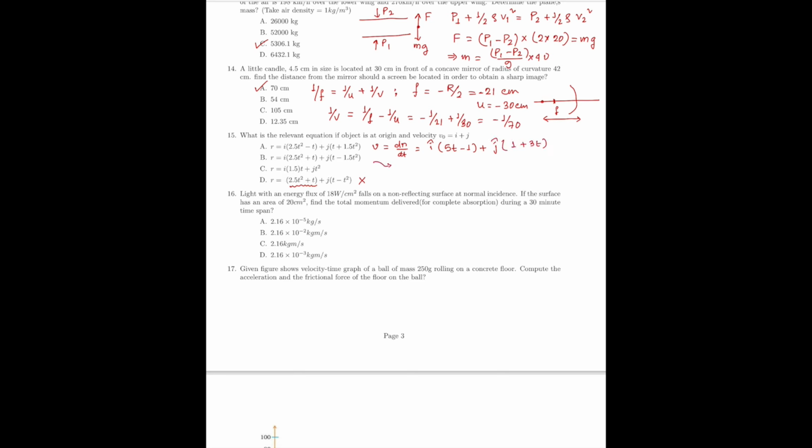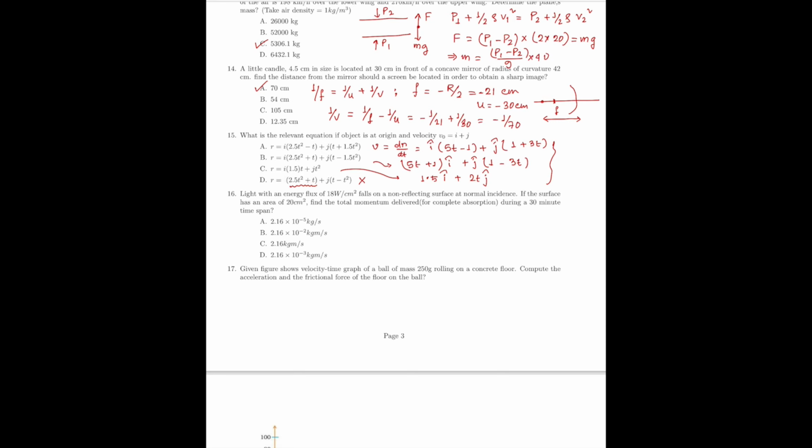Similarly for this it is i(5t plus 1) plus j(1 minus 3t), and for this it is 1.5 i plus 2t j. So now we have to see for which of these three options, if I put t equal to 0, the velocity is equal to i plus j.